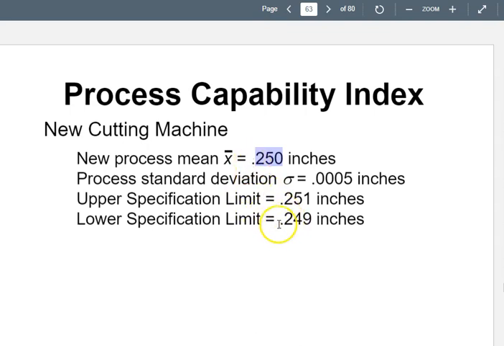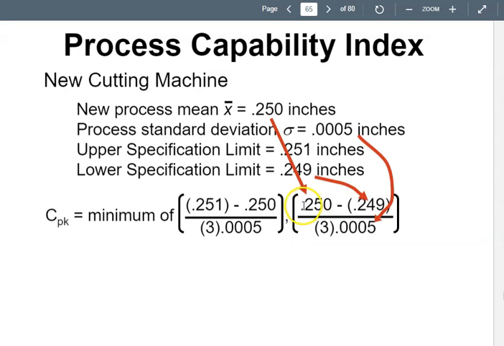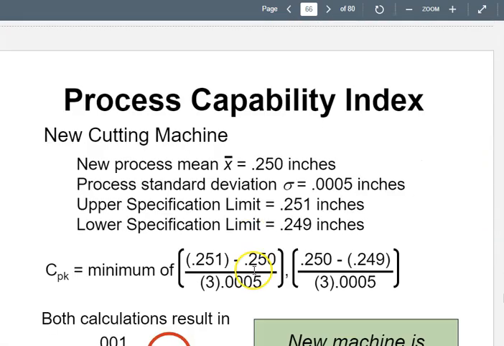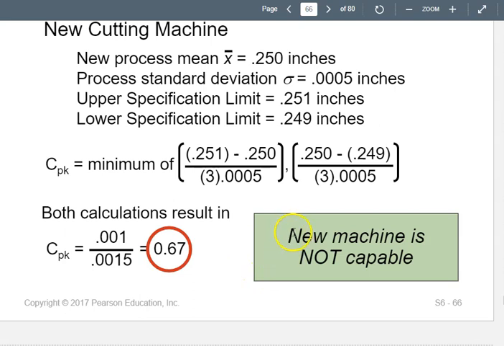And 0.250 minus 0.249 is also 1/1000th. They both have the same numerator, right? So the number that we calculated is 1/1000th. You divide it by 3 times 0.0005. So the minimum doesn't matter. They both give you the same number, and that same number is 0.67.